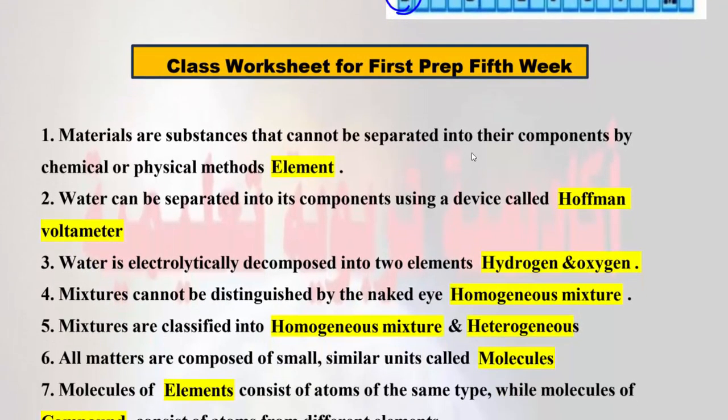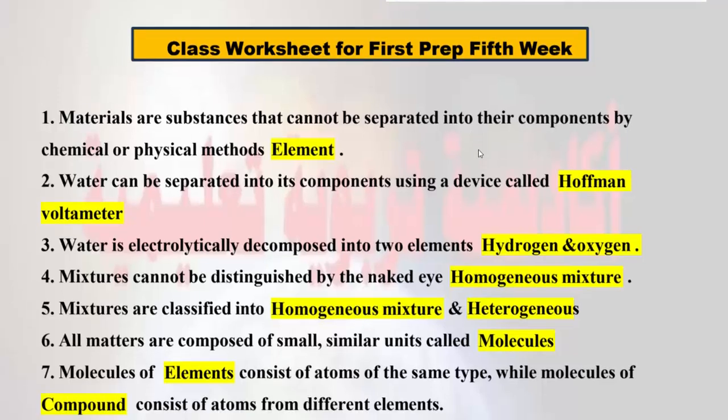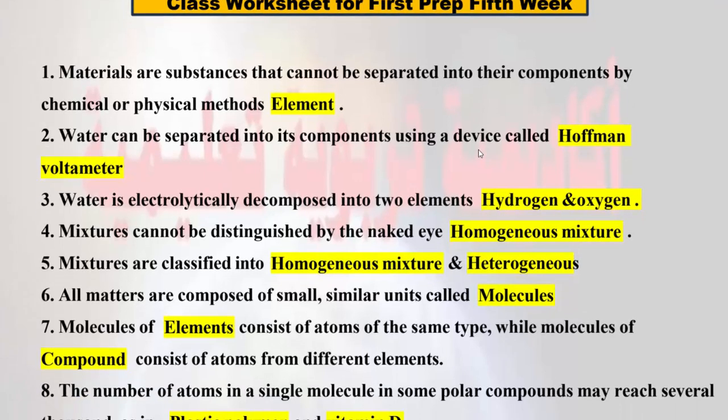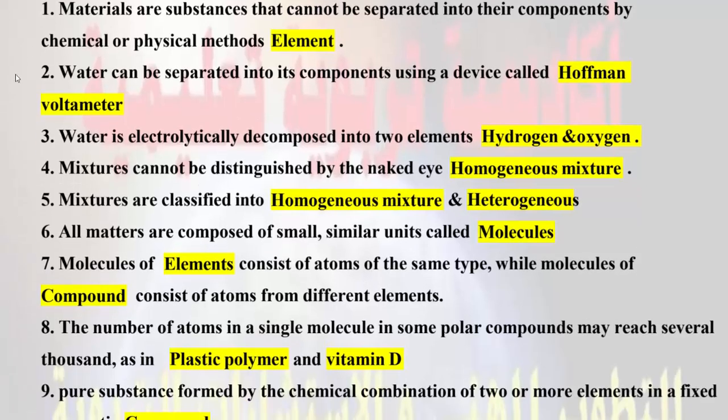Let's move to the worksheet for the fifth group. Matter that cannot be separated into its components by chemical or physical methods is an element. Water can be separated into components using a device called the Hofmann voltameter.